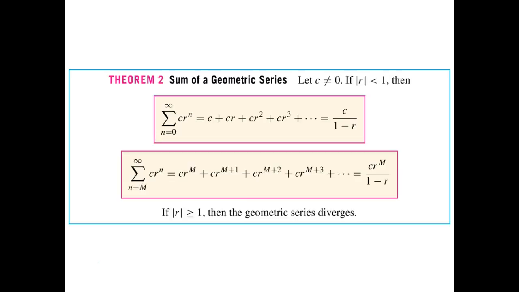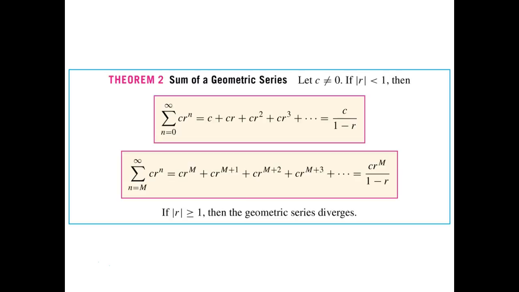If you were to factor out an r to the m from each of these terms, you'd have a C here, Cr here, Cr squared here, Cr cubed. You would just have that. So you would have r to the m times what you had up here. And sure enough, that's what you get.